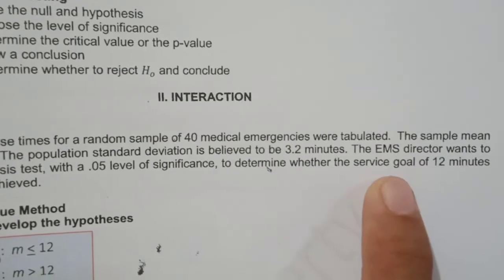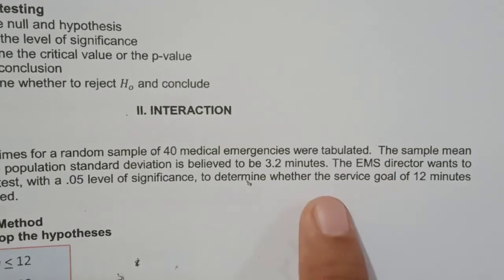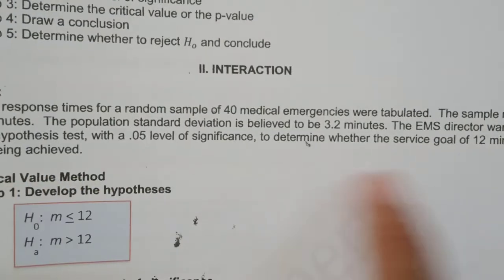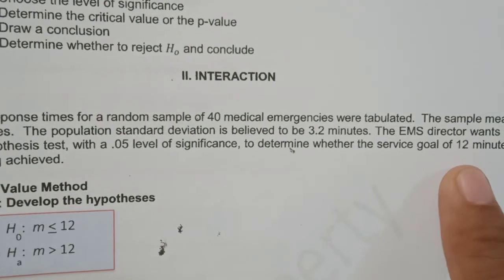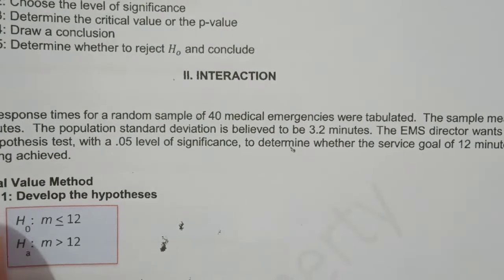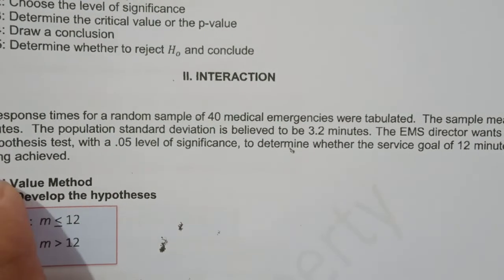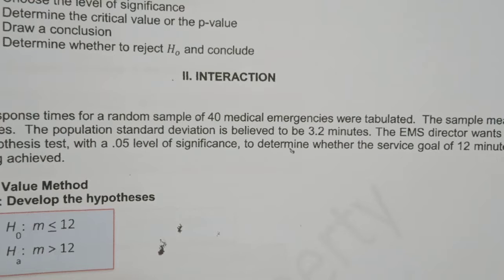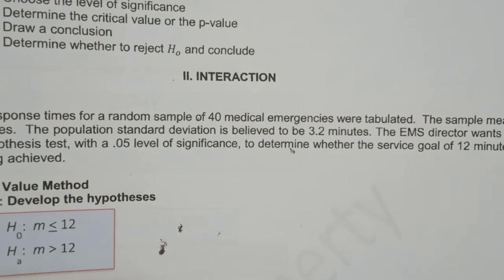So, babalikan mo yung null hypothesis, na ang goal nila ay 12 minutes or less. So, hindi nila maaabot yon, yung 12 minutes or less na response time. So, mas matagal o kaya mas malaki yung minutes, hindi lang 12, maaaring 13, 14, 15. Pabilisan kasi yung response, di ba? Response time. So, yan ang ating pangalawang example.